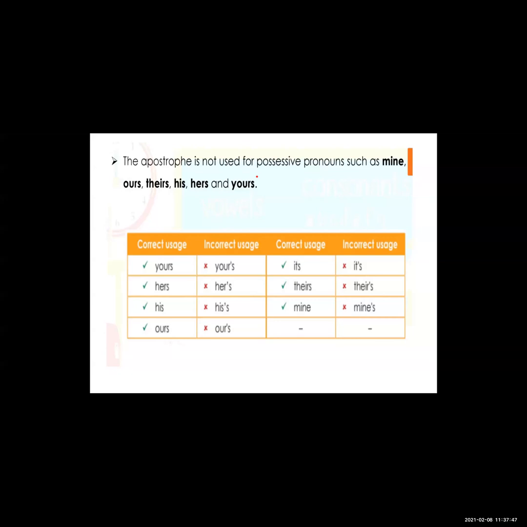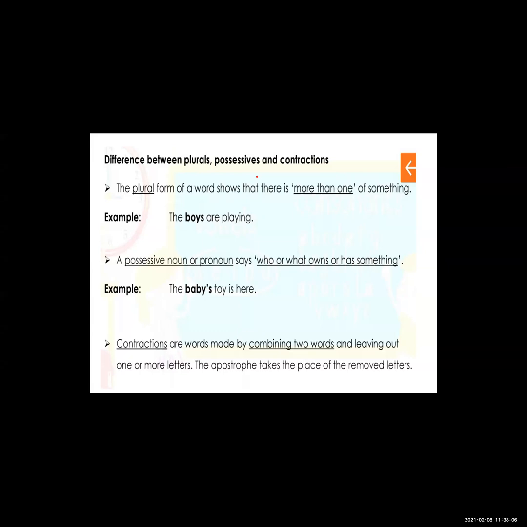See, this cycle is mine. The word mine already shows the possession, so it is not necessary to add an apostrophe. The apostrophe is not used for possessive pronouns such as mine, yours, hers, his, theirs, and ours.